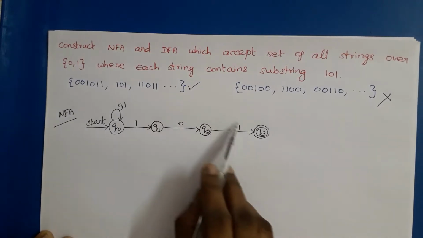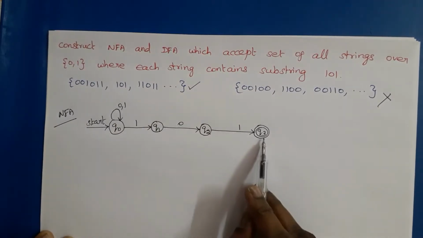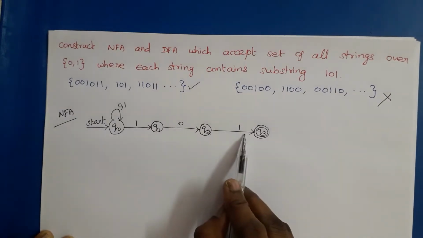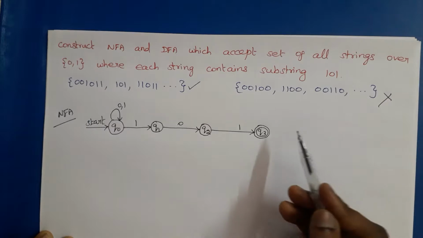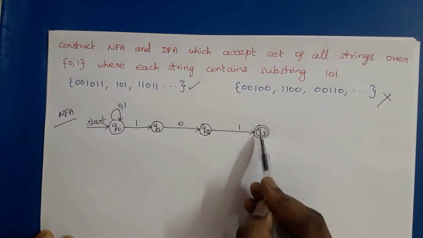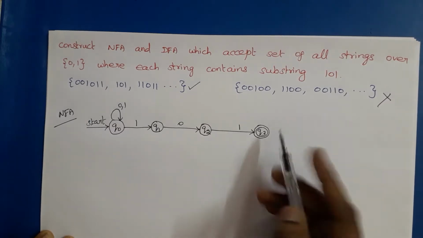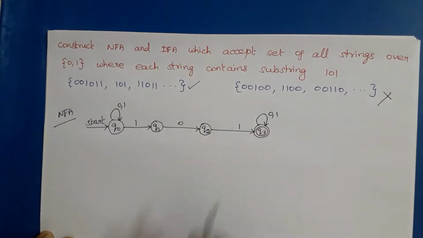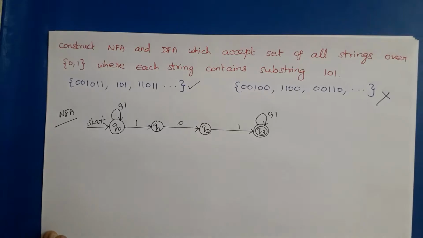After recognizing the substring 101 we will be in state Q3. After recognizing 101, if other strings of zeros and ones come, it can remain in the same state Q3.